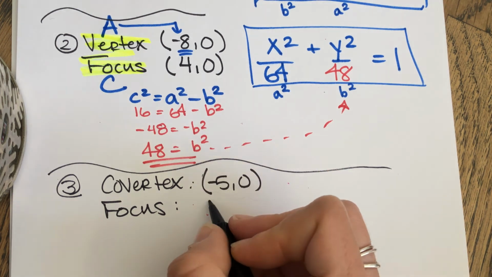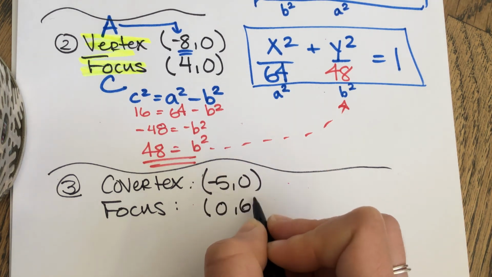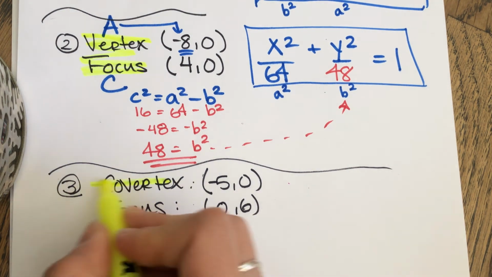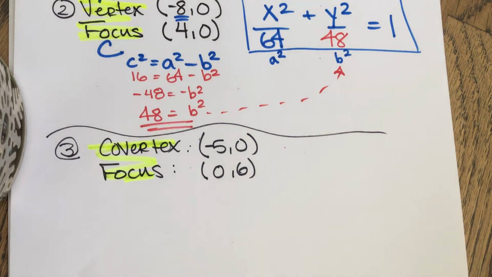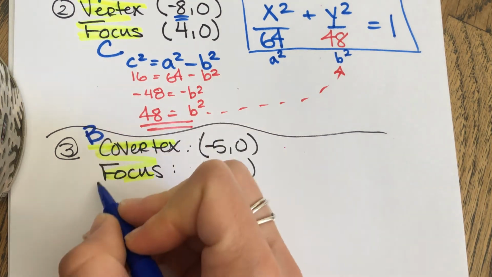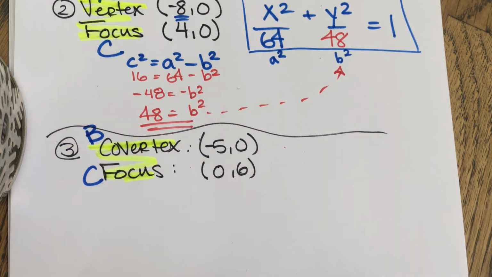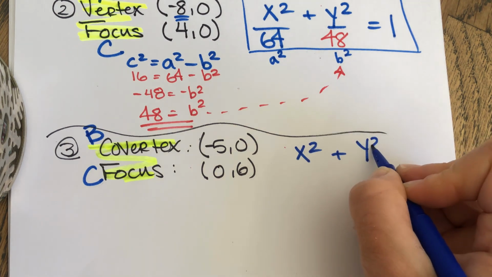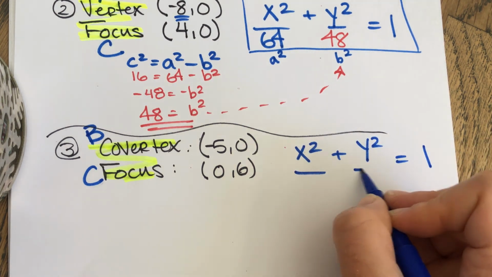Okay, so now your last scenario, I'm going to give you your co-vertex, and I'm giving you a focus. Obviously, they need to be on opposite axes because the focus is along the vertex. Let's do the same thing, co-vertex, B, C. All right, you're writing an ellipse, x squared over something plus y squared over something equals 1.